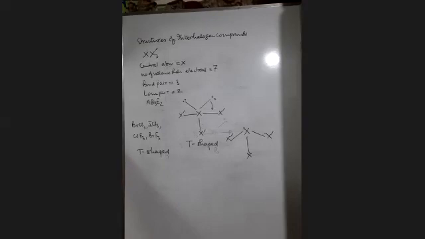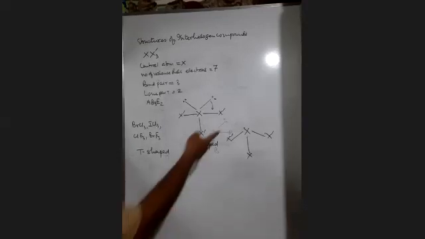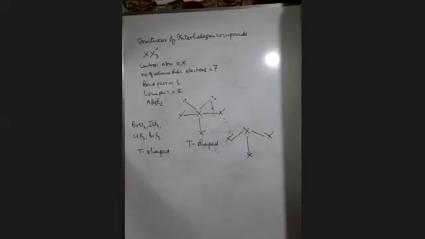In that case, can you sit properly in the seat? No, sir. Some go forward and some backward, because of repulsion. Same thing happens here. Because of that, they call it bent T-shape. Otherwise, if you write T-shape, it is 100% correct.